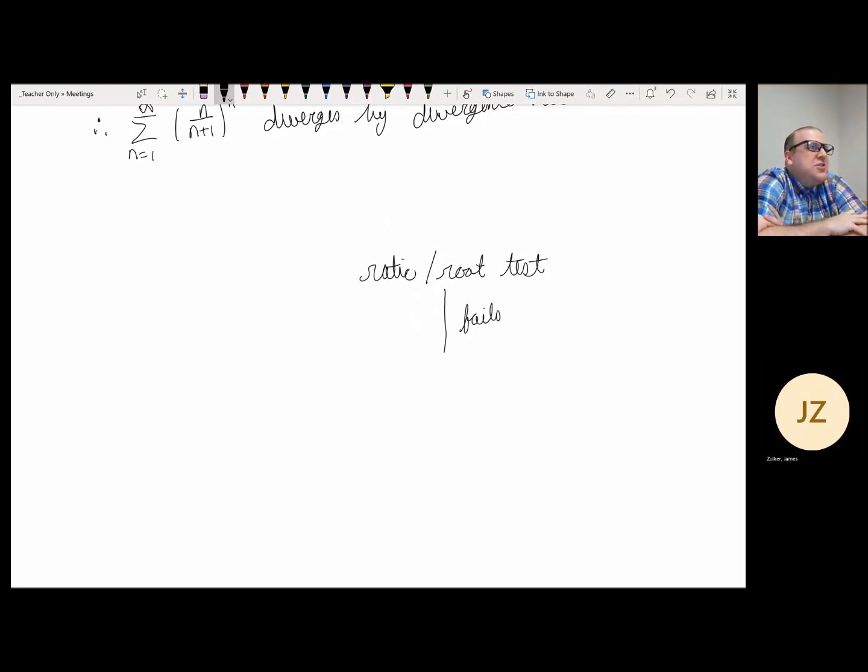If that fails, try the divergence test. Again, vast majority of the time, if ratio root test fails, divergence test gives you an answer.